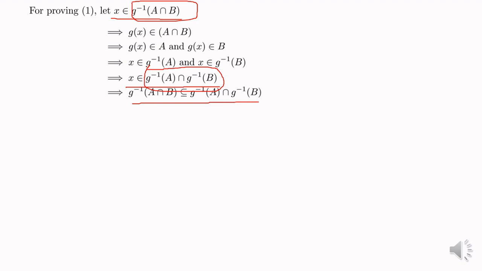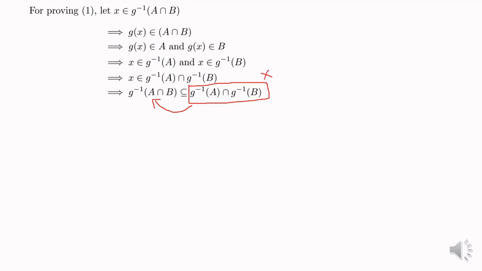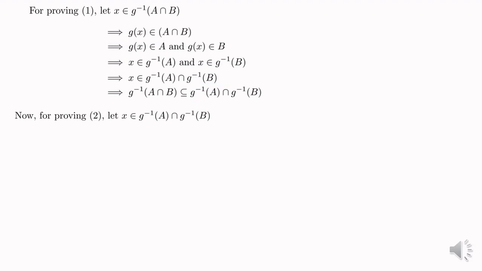Now to prove the converse, that means to prove that g inverse A intersection g inverse B is contained in g inverse of A intersection B, we will take an x element of g inverse A intersection g inverse B and show that this x is an element of g inverse of A intersection B. So let x be an element of g inverse A intersection g inverse B. This means that x is an element of g inverse A and x is an element of g inverse B by the definition of intersection.